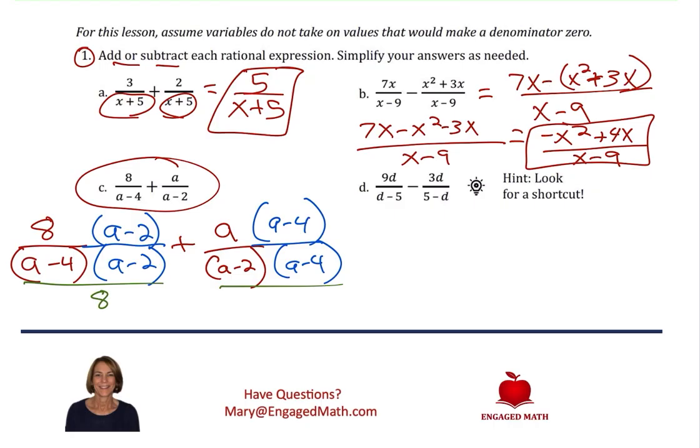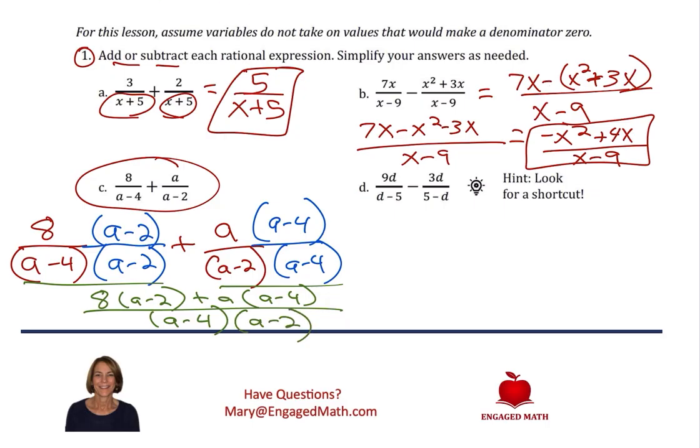So I have 8 times the quantity a minus 2 plus a times the quantity a minus 4 over our common denominator of a minus 4 times a minus 2, because we now have a common denominator.